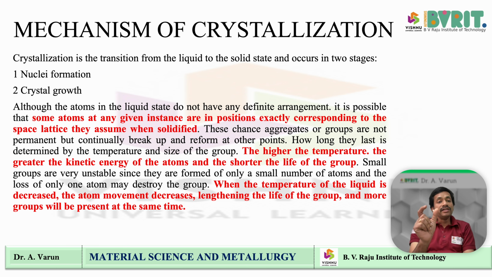Mark this word: there might be an instance, at some locations in this liquid molten material, where atoms may have the definite crystal structure that it is going to have after solidification. That will be the starting point. This is called nuclei formation. Those atoms have two possibilities of becoming stable.